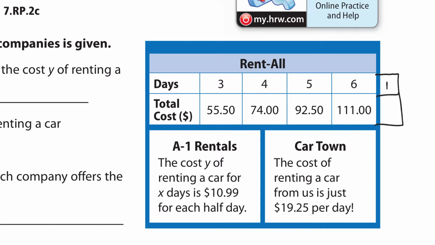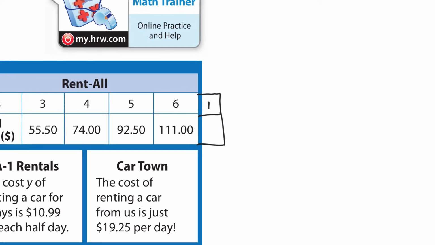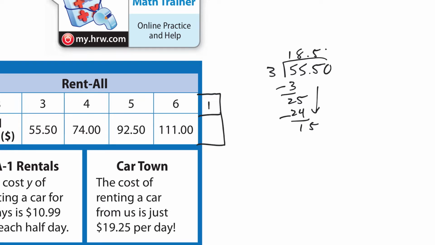How much is that? Well, to find that out, we have to take 55.50 and divide it by 3. I'll do that over here. 55.50 divided by 3 is $18.50 for 1 day.